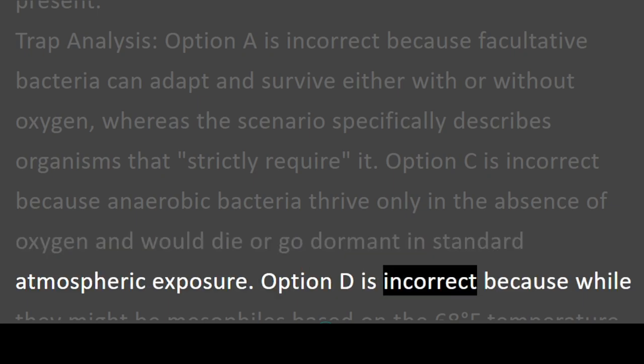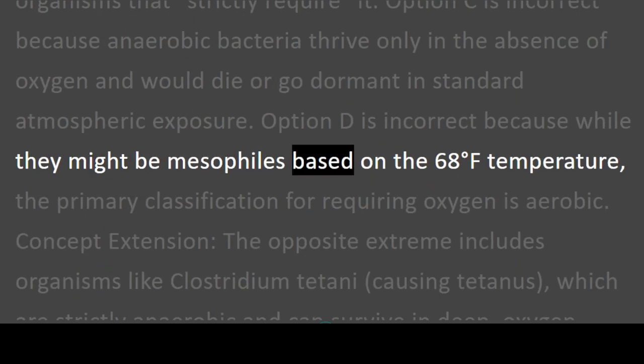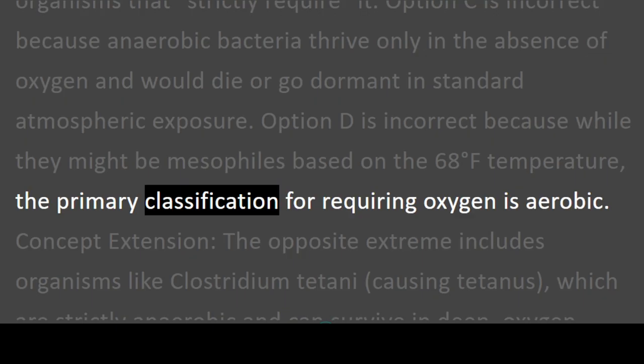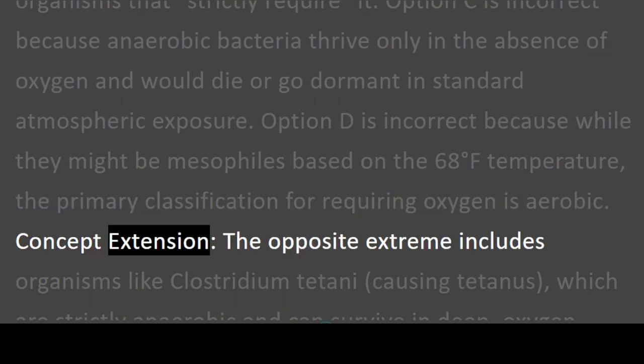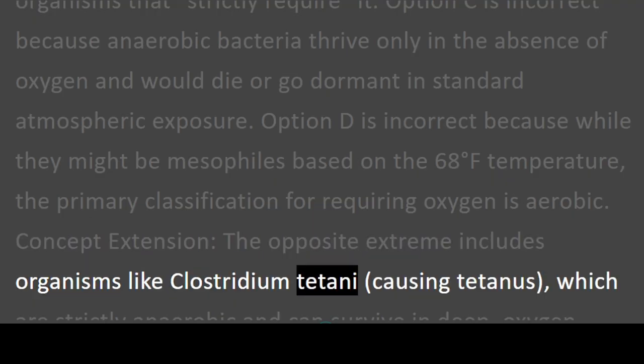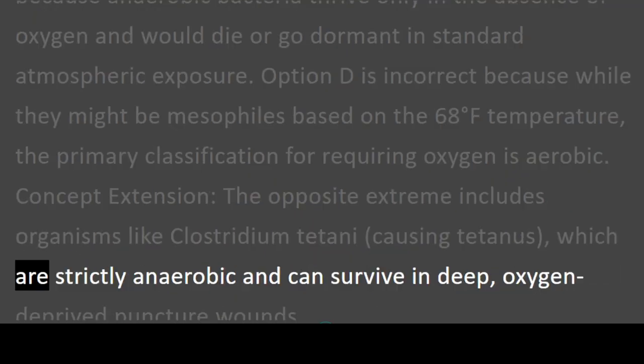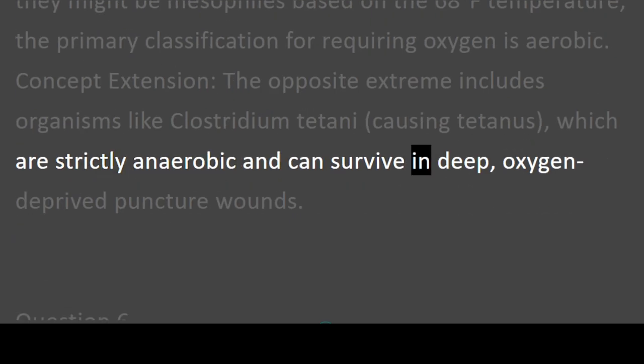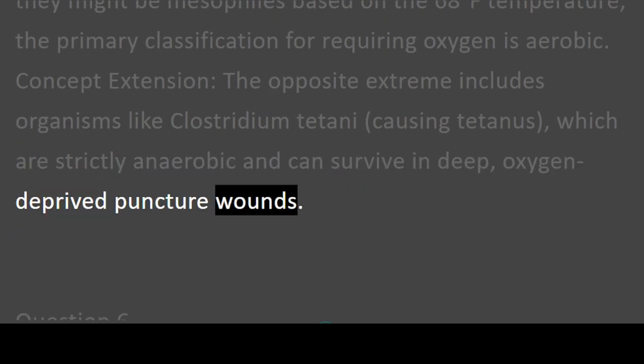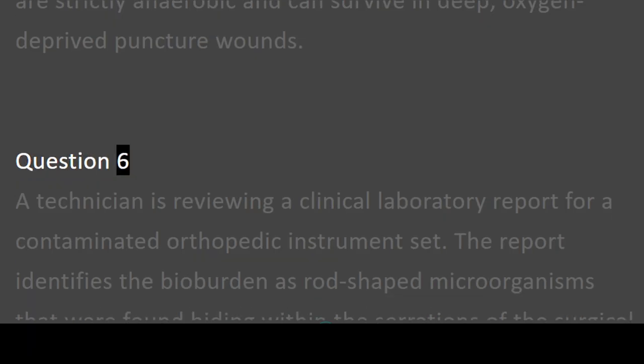Option D is incorrect because while they might be mesophiles based on the 68 degrees Fahrenheit temperature, the primary classification for requiring oxygen is aerobic. Concept extension. The opposite extreme includes organisms like Clostridium tetani, causing tetanus, which are strictly anaerobic and can survive in deep, oxygen-deprived puncture wounds. Question 6.